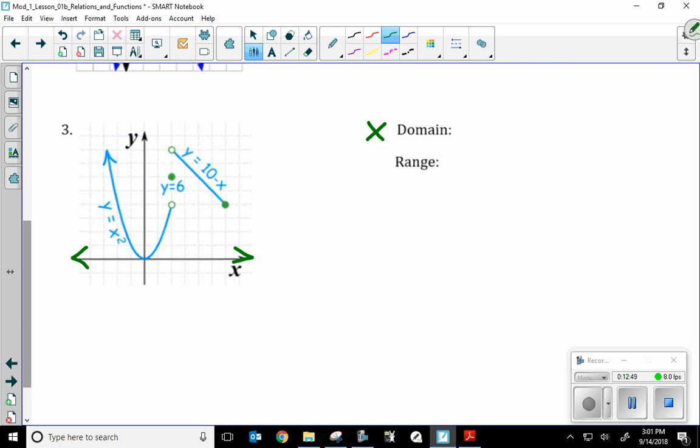It looks like this goes up and to the right forever. Excuse me, left. It goes up and to the left forever. So that will go to negative infinity. So my domain will go as far left as negative infinity, and we always use a parenthesis for infinity.